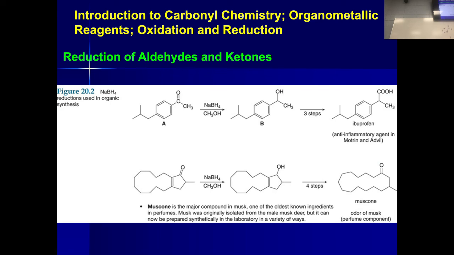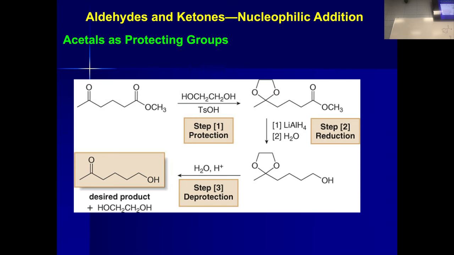It only reduces the carbon-oxygen or the carbon-nitrogen double bond, which we won't talk about. But I can reduce this selectively and get this alcohol. And then through 4 steps, I can get this molecule called muscone, which is a cyclic ketone. And they have to make this industrially for those of you who like musk-scented colognes and perfumes. And they make it from a sodium borohydride reduction. Okay? So these are useful reactions in that regard.